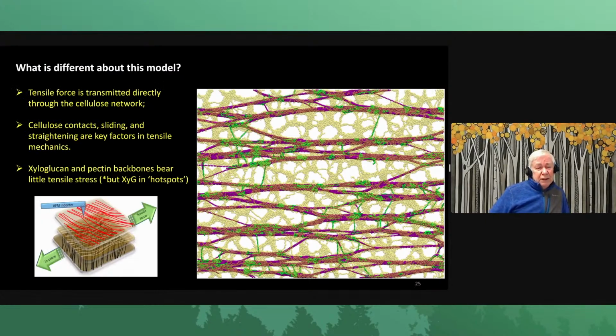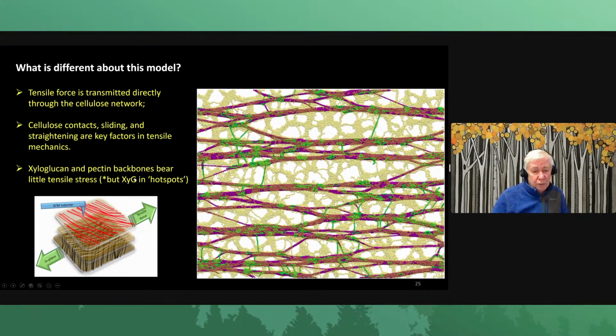All right, so what's different about this model? This is a second conclusion slide. In this model, the tensile forces are transmitted directly through the cellulose network, not via the matrix as an intermediary. The cellulose contacts, cellulose sliding, and cellulose straightening are key factors in the tensile mechanics, according to the model. And xyloglucan and pectin backbones bear very little tensile stress.